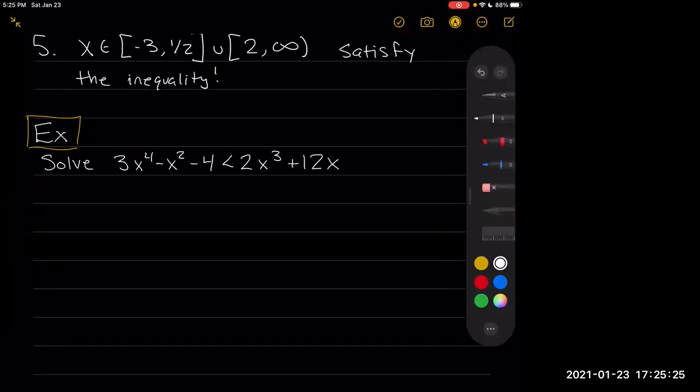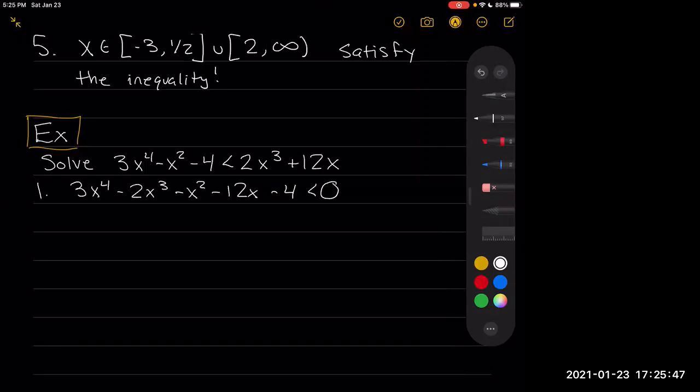So first, we're going to move everything to one side. So I'm going to have a 3x to the fourth minus 2x cubed minus x squared minus 12x minus 4 is less than 0.